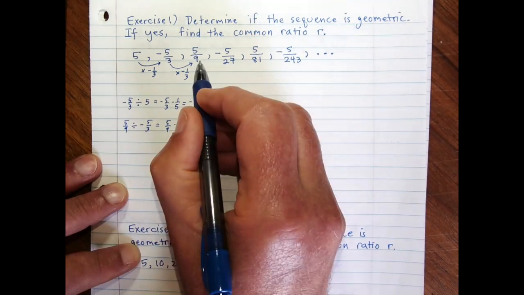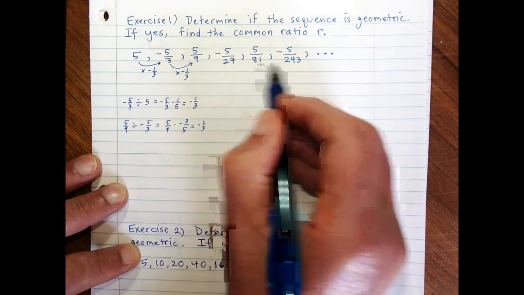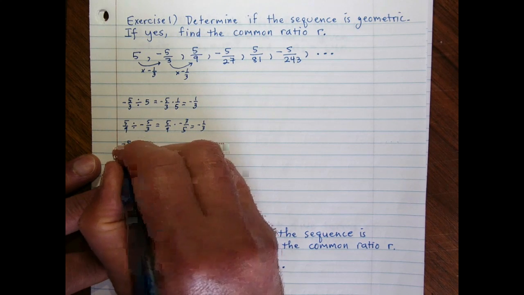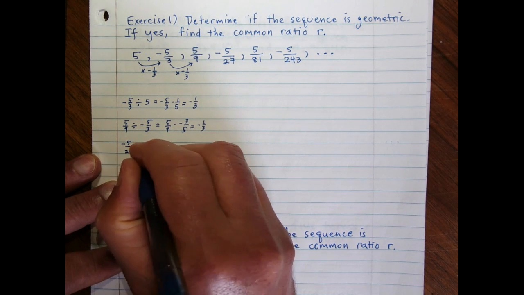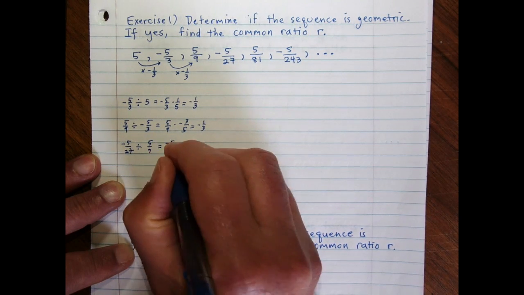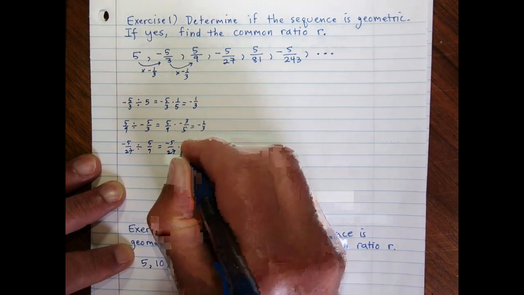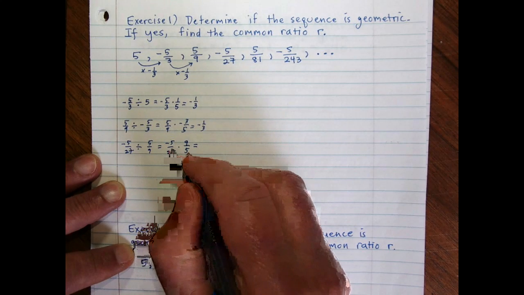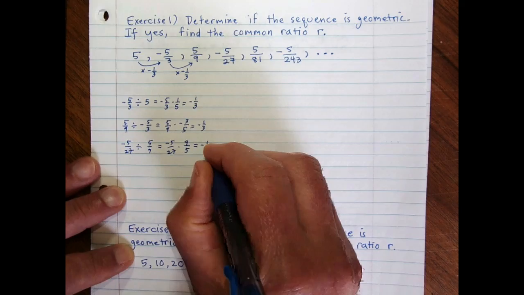And again, I could also just try multiplying and checking all the way down the line, by the way. If I take negative 5/27 and divide by 5/9, see, the 5's will cancel, a 9 will cancel, I get negative 1/3 again.